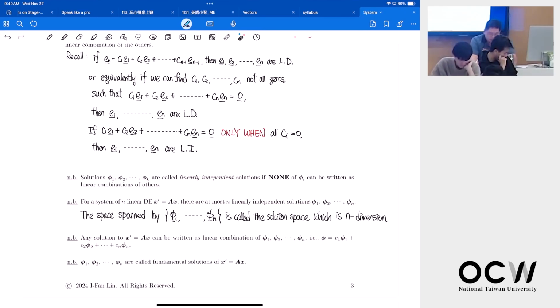Now here's the question. If I know all this concept, and this is n linear differential equations, then I can have n linearly independent solutions, phi 1 to phi n. Then two questions. How can I find phi 1 to phi n? And once I find n solutions, how do I know they are linearly independent?